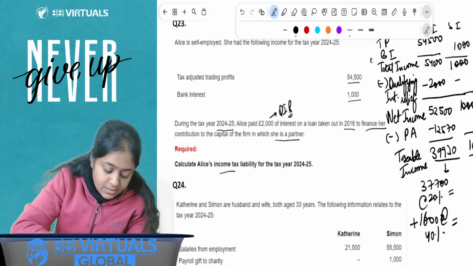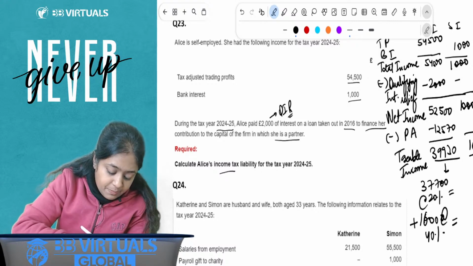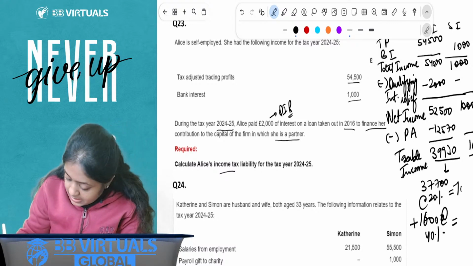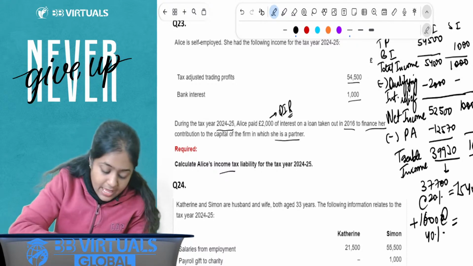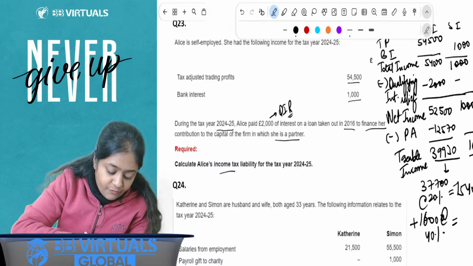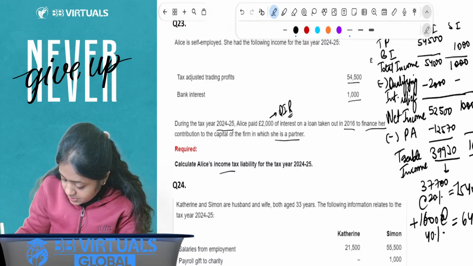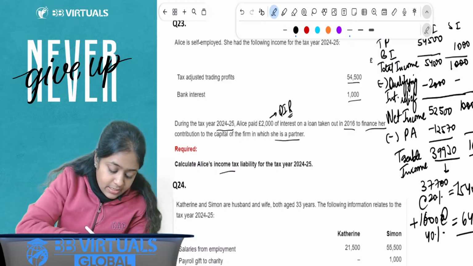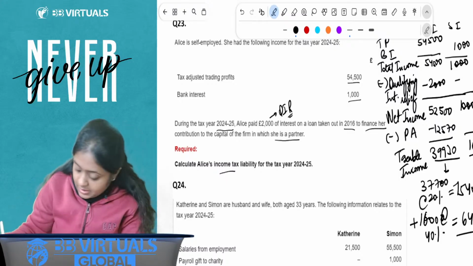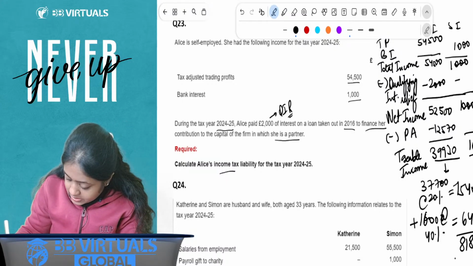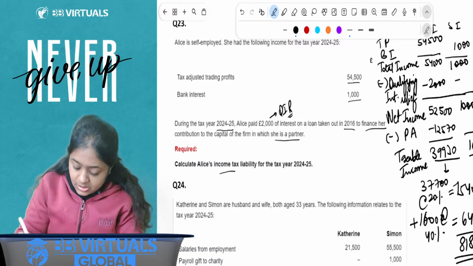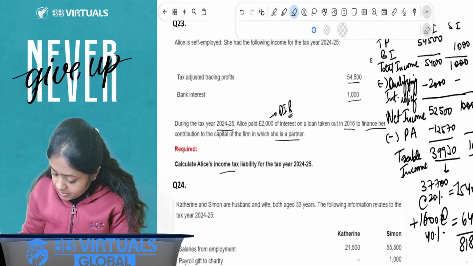So this will be 37,700 multiplied by 20% is 7,540, and 1,600 multiplied by 40% is 640. So total I get 8,180. Now this is the total for non-savings income.